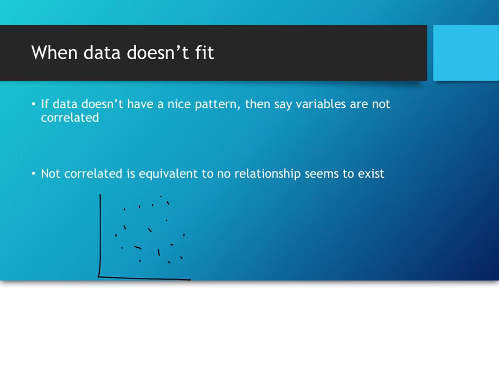But in this case, we did because I sort of cherry picked my data. And that is one thing to look out for. If a researcher or somebody is cherry picking their data to make it look a certain way, be very skeptical of that person, all right, and what they're trying to do. All right, so that's my thing on modeling. Again, if you see a pattern that doesn't look very good at all, say it's not correlated, that there's no relationship that exists.